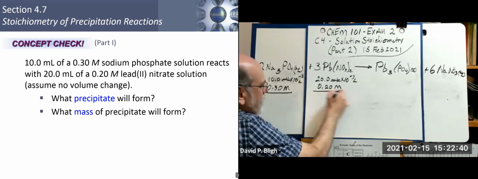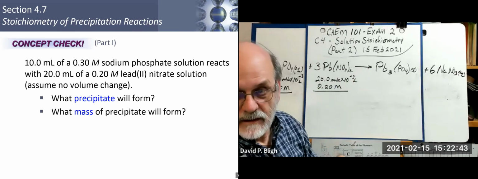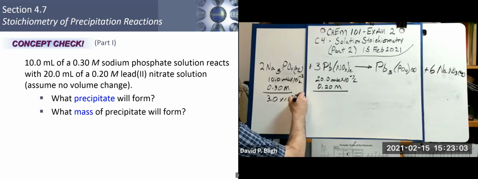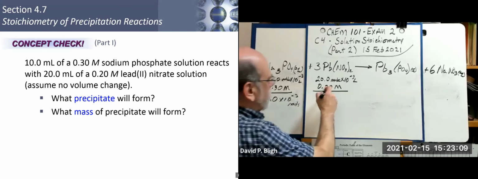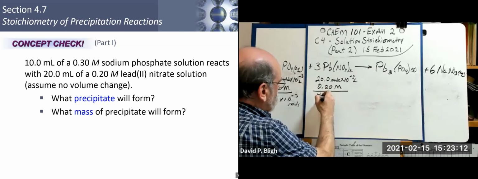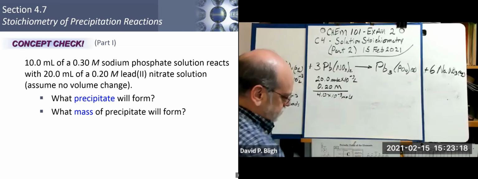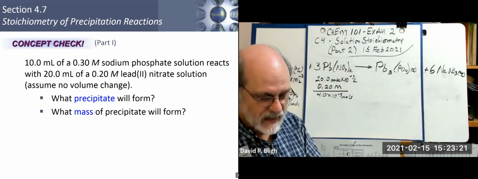Now when we multiply them together, we get moles. That times this is 3.0 times 10 to the minus 3 moles. And this one, I bet it's 4 times 10 to the minus 3 moles. Okay, now we can go somewhere.